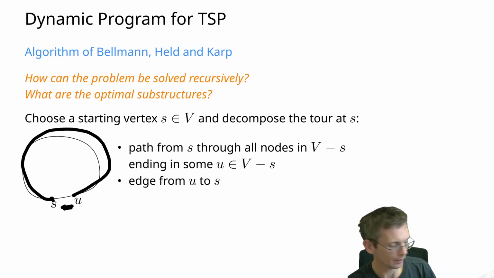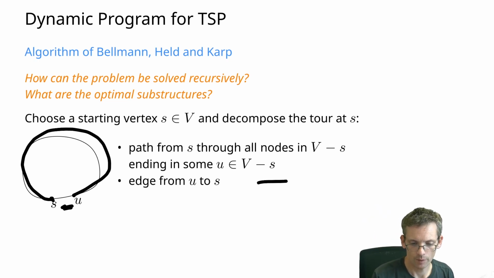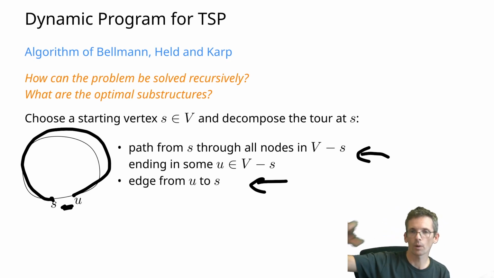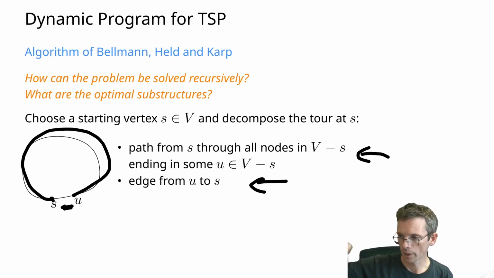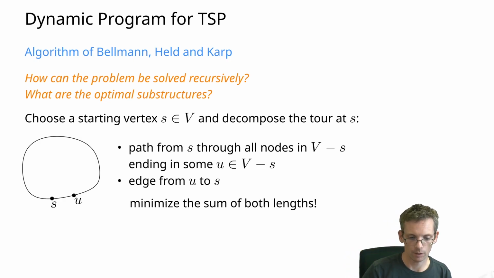Why did I describe it in this way? If I have two components here, the edge from U to S, there's not much to be calculated there. If I can compute the shortest path from S to U going through all other vertices, and I can do this for all U, then by taking this number and adding the length of the edge to it and minimizing over all options of U, I can calculate the shortest tour.